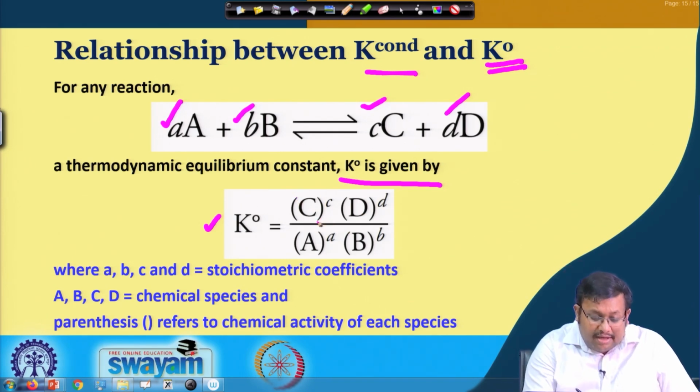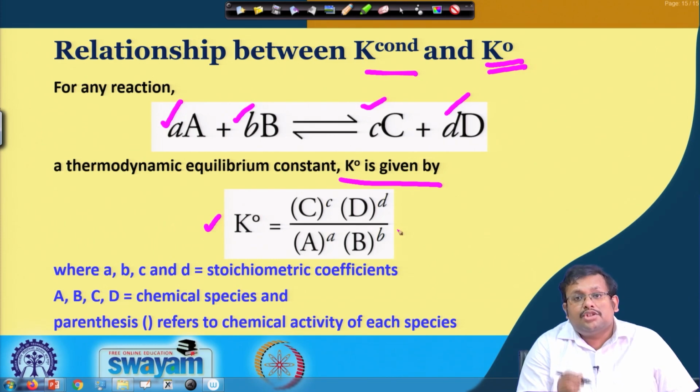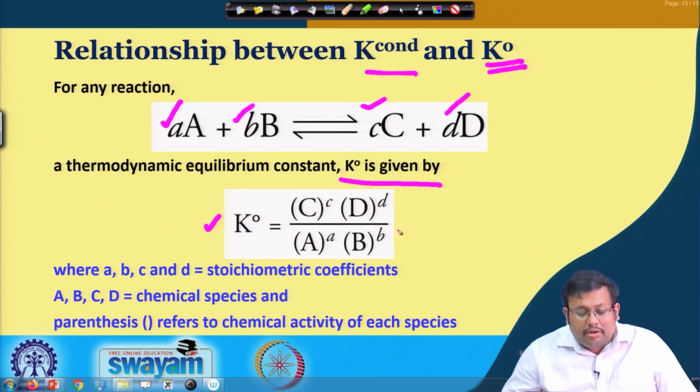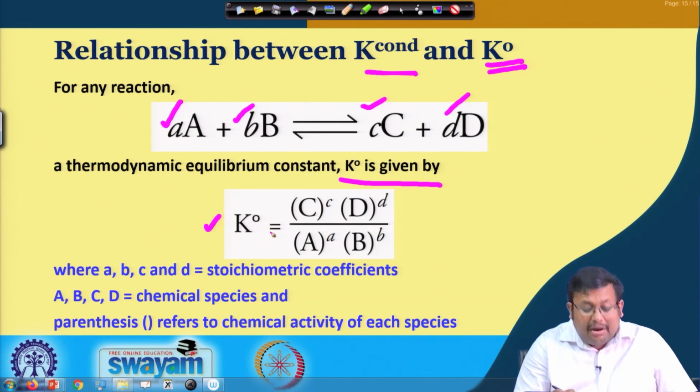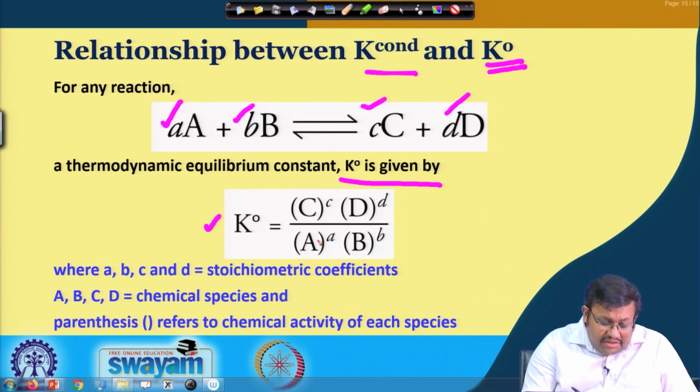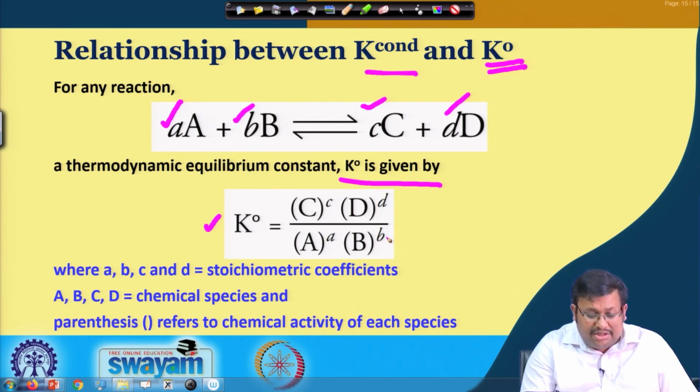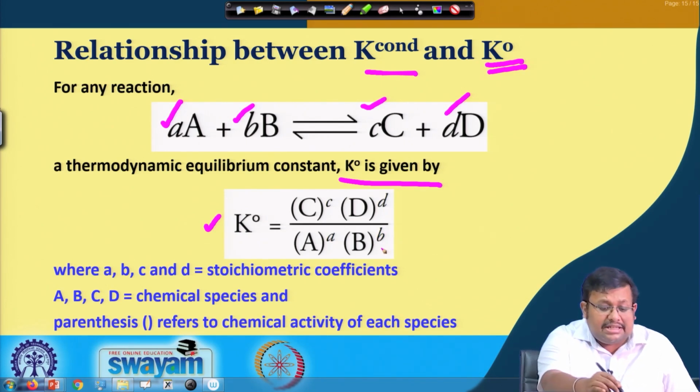So, it is the chemical activity of C to the power of its stoichiometric coefficient, times the chemical activity of D to the power of its stoichiometric coefficient, divided by the chemical activity of A to the power of its stoichiometric coefficient, and the chemical activity of B to the power of its stoichiometric coefficient. So, this is the relationship.